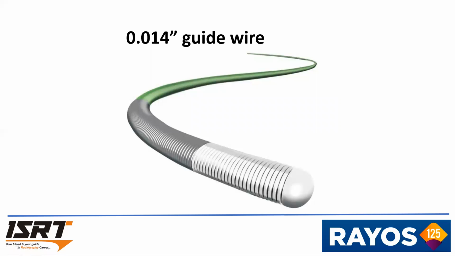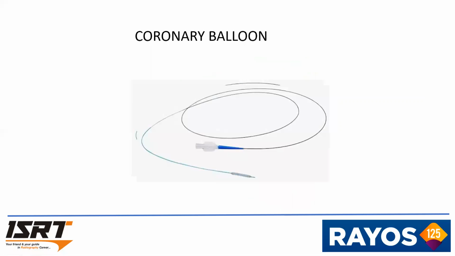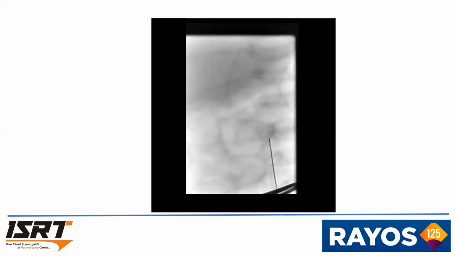It is a picture of 0.014-inch guide wire, and it is a coronary balloon. We could enter into the umbilical vein catheter using 0.014-inch guide wire along with the previous 0.025 guide wire which was placed initially.